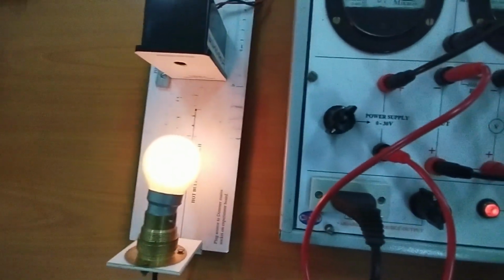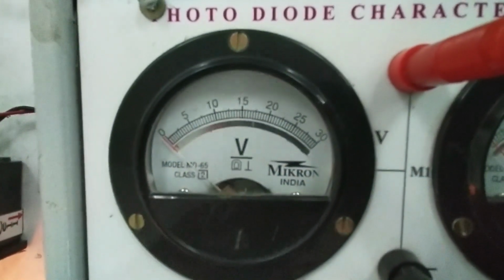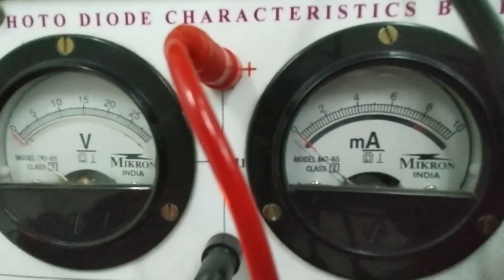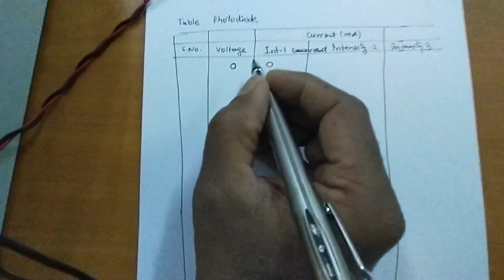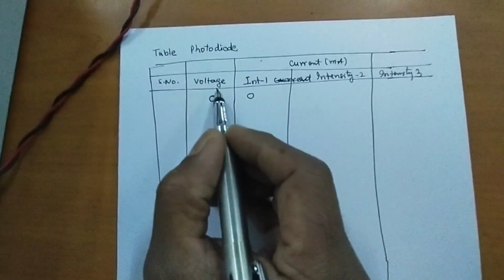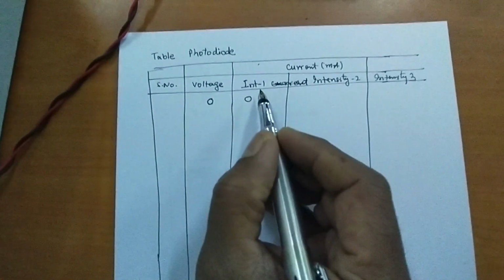At fixed intensity, we will see how much current is flowing through the circuit by varying the voltage. Now I am taking 0 voltage and current is also 0. Now look at the tabular form: serial number, voltage I will change, and I find out the current for various intensities.